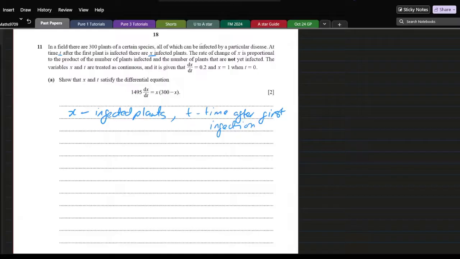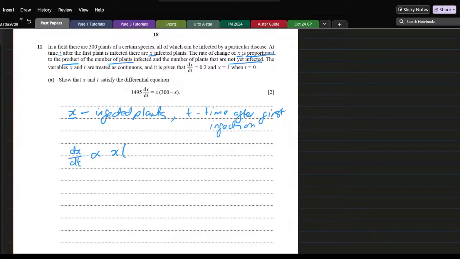Then they go on to tell us that the rate of change of x, which we can write as dx/dt, is proportional, so we can put the proportional sign, to the product of the number of plants infected, so that's x. They say product, so multiply, and the number of plants that are not yet infected.